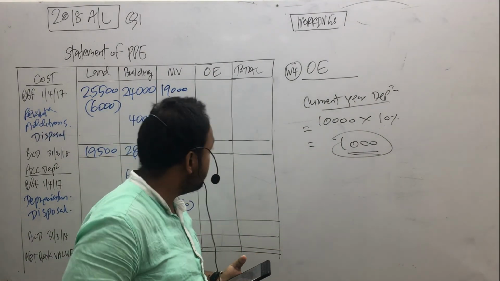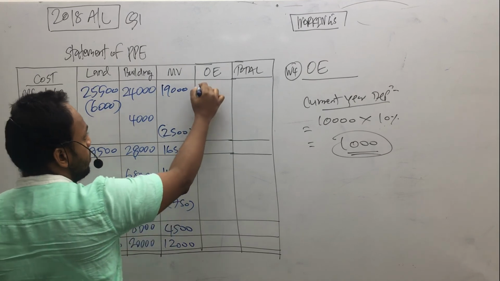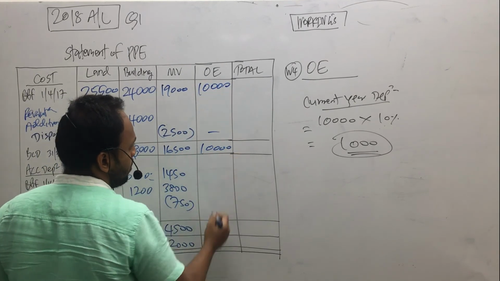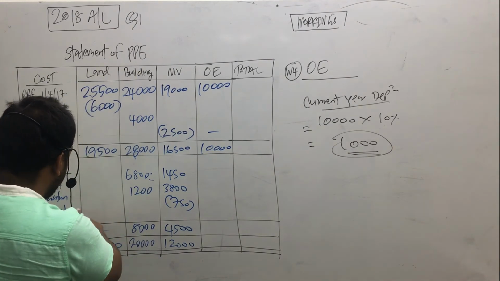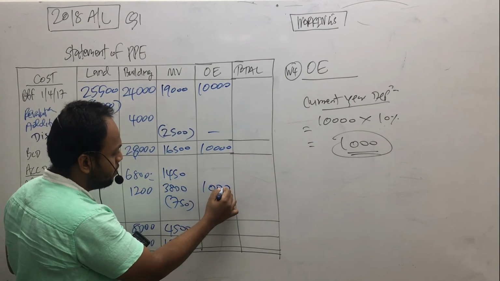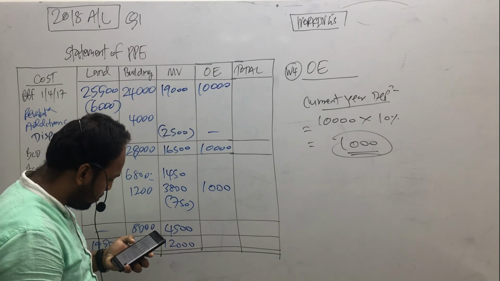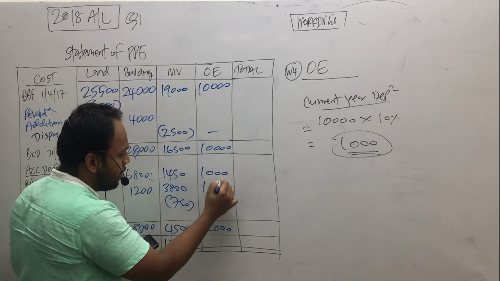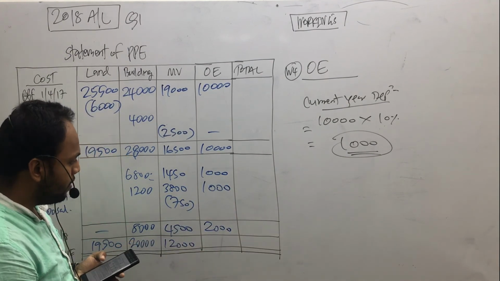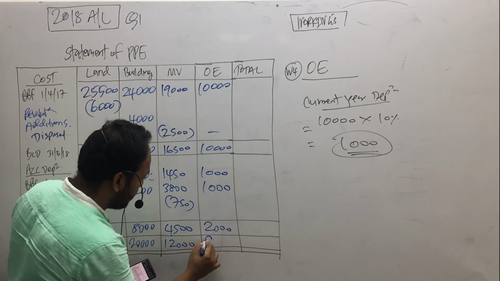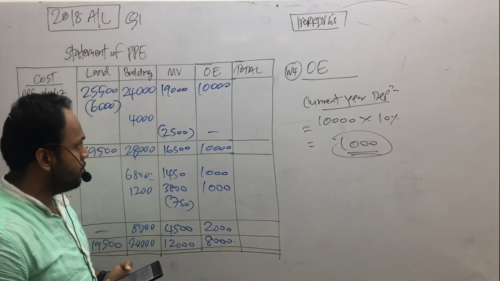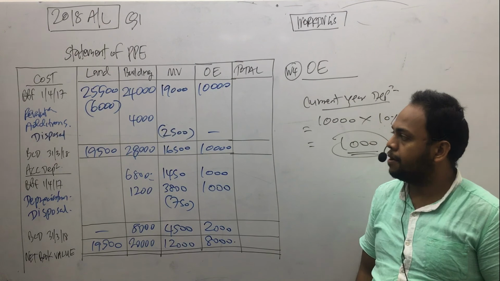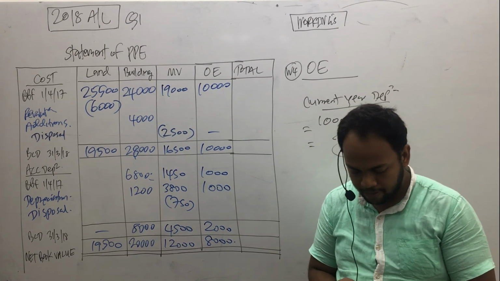Since no adjustments, opening balance is 10,000, closing balance is also 10,000. Depreciation for the current year is 1,000, and the closing balance of accumulated depreciation for office equipment is 2,000. That means the opening balance, to go upwards, it's 1,000, this is 8,000. Then you can calculate the closing balances.